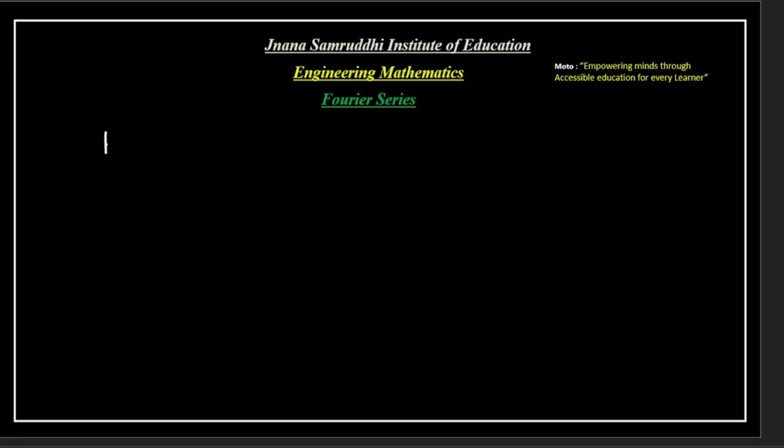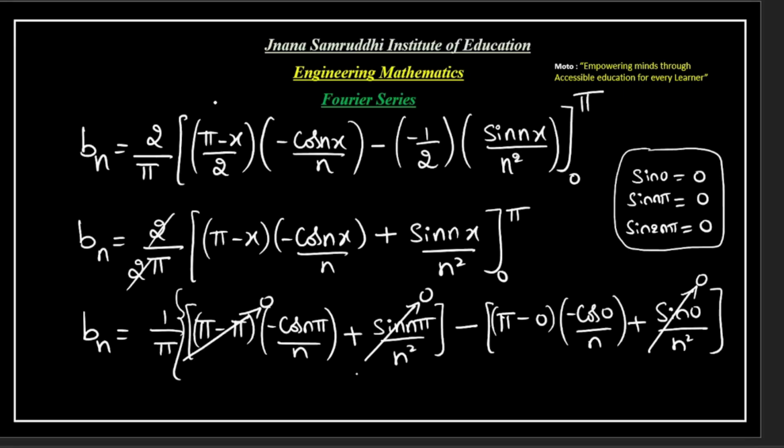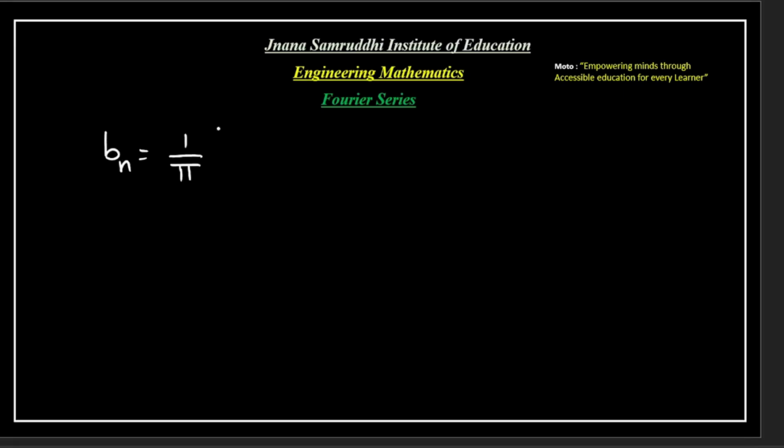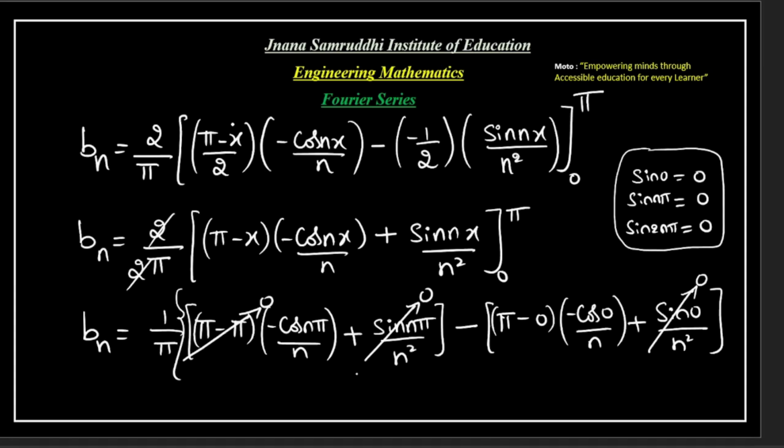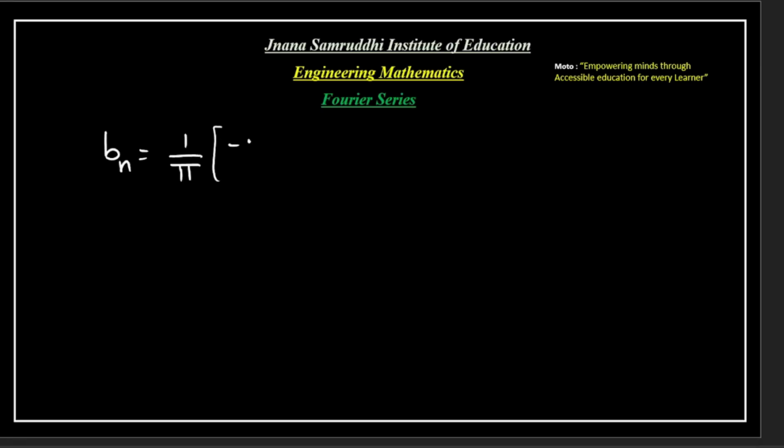So we'll write it as Bn equals 1 by pi, minus pi by n, minus pi cos 0 by n.